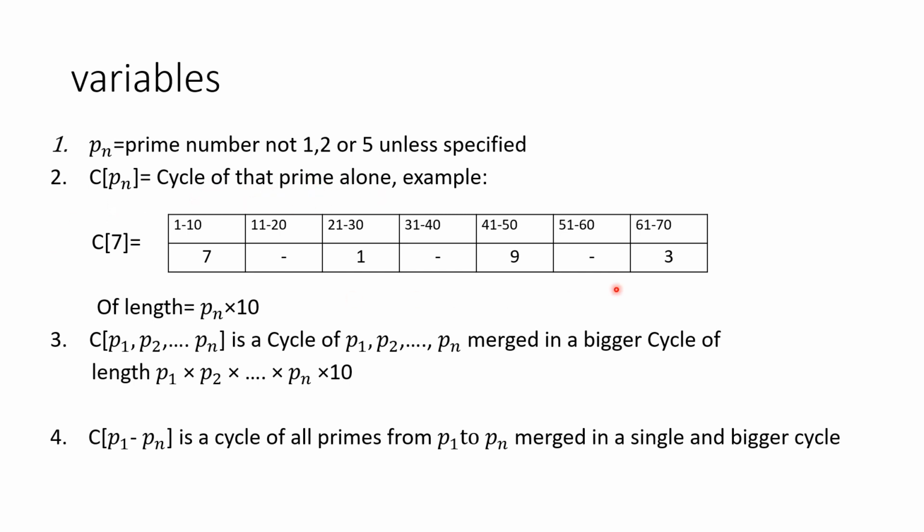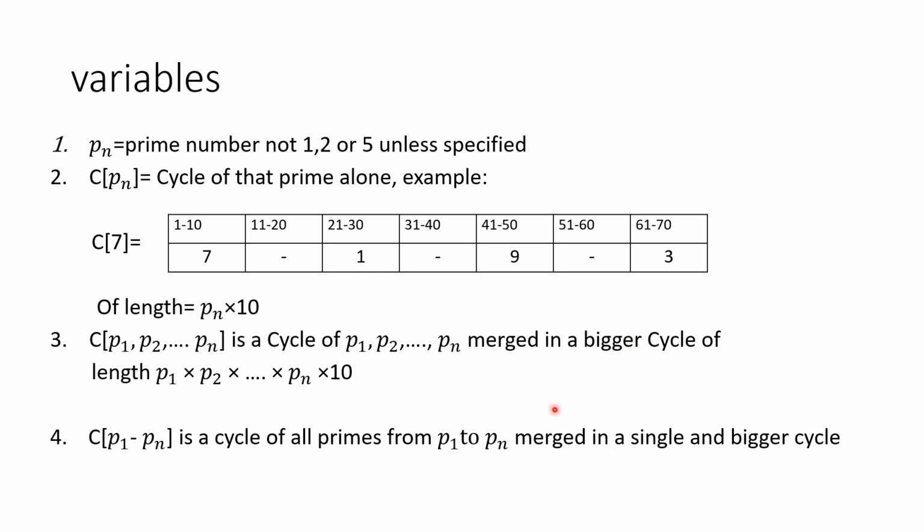This is the sample, that is the cycle of 7, of length Pn times 10. They will be the cycle of Pn1 until n, all the primes you put there. The prime 1 is always going to be 3, and prime 2 is going to be 7. Okay, so you can keep adding primes to the cycle and merging in new cycles.